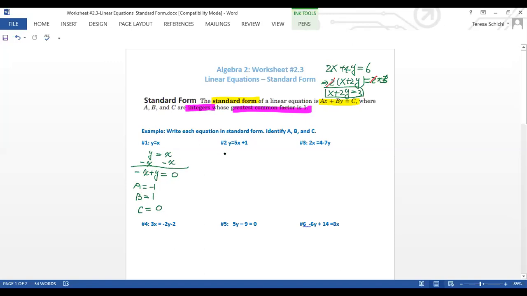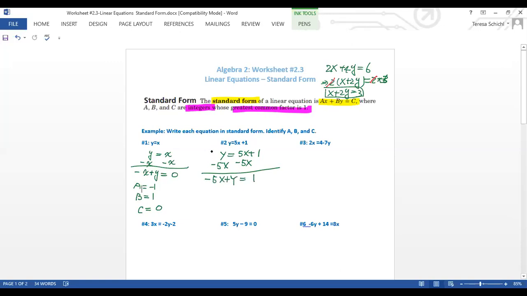Let's take a look at this one. Y equal to 5x plus 1. I move the 5x to the left-hand side in order to change it to standard form. So I will have negative 5x plus y equal to 1.